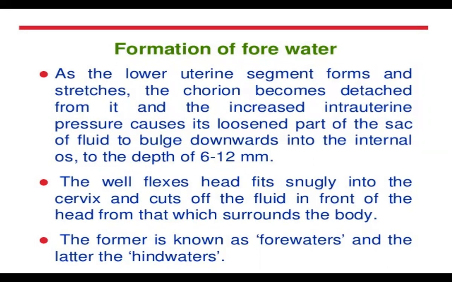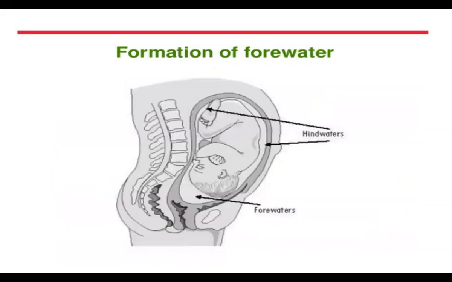That is called the formation of forewaters. The well-flexed head fits snugly into the cervix and cuts off the fluid in front of the head from that which surrounds the body. This is formally known as forewaters, and the latter as hindwaters. So this is the forewater before the delivery.